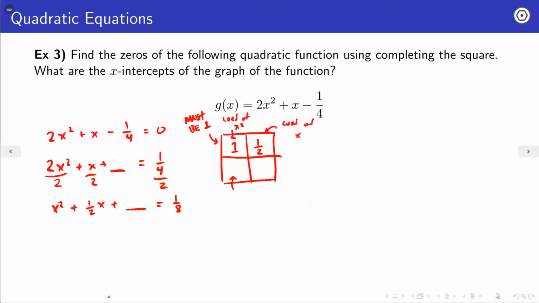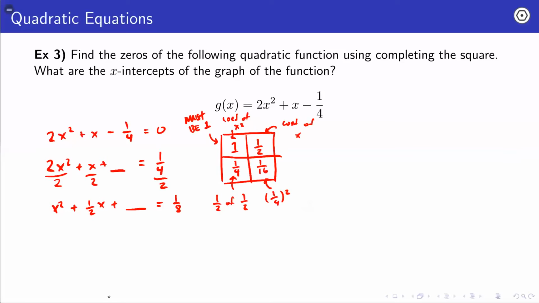And our lower left-hand box is half of the previous box. So in this case, half of 1/2, which ends up being 1/4. And then our last box is the previous box squared. So in this case, 1/4 squared, which is going to be 1/16 when you square the top and you square the bottom.